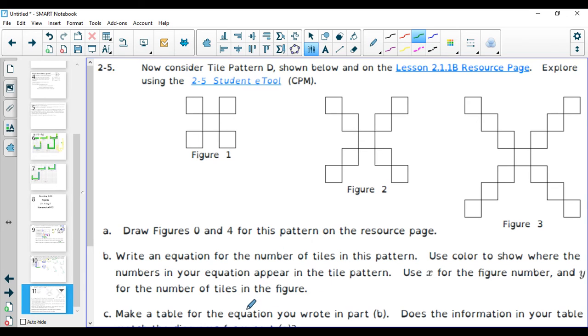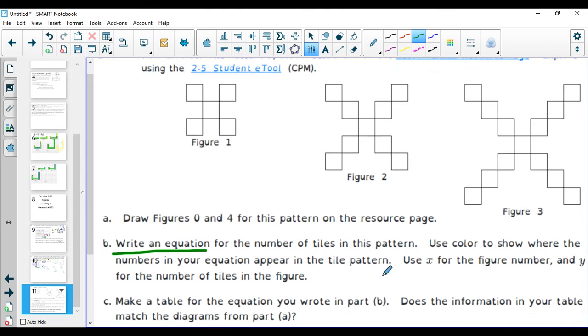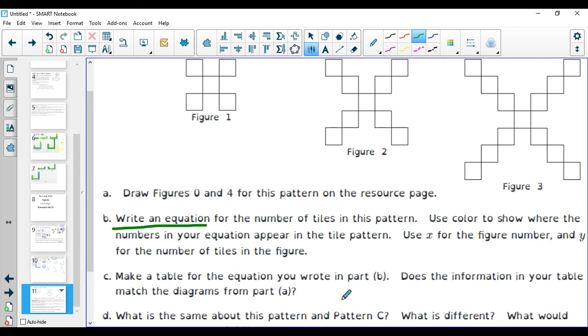And then in number 5, we just continued with another example. We have a pattern. We know figure 1, we know figure 2 and figure 3. You have to figure out what's always being added to go from one figure to the next. Work it backward to get figure 0, work it forward to get figure 4. We want you to write an equation for that. We want you to make a table so that we can see that increase and the starting value.